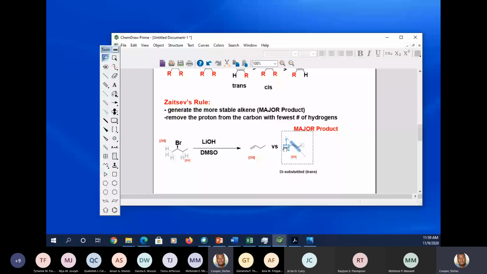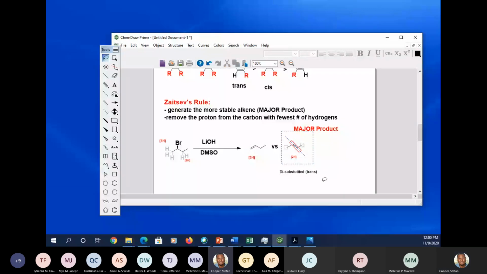And this one over here is on the bottom face, right? To be cis, they would have been both on the same side of this line, right? So if I drew a line up this way and had a methyl group, they're on the same face. Or if I drew this group down this way, they're on the same side of that line, right? Because they're on opposite sides of that symmetry line, they correspond to trans.